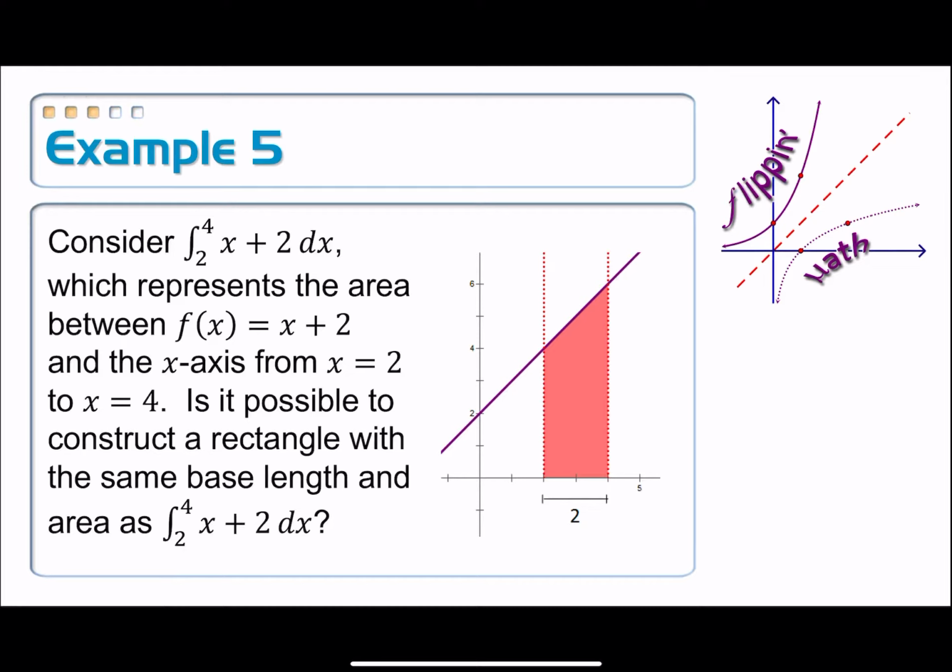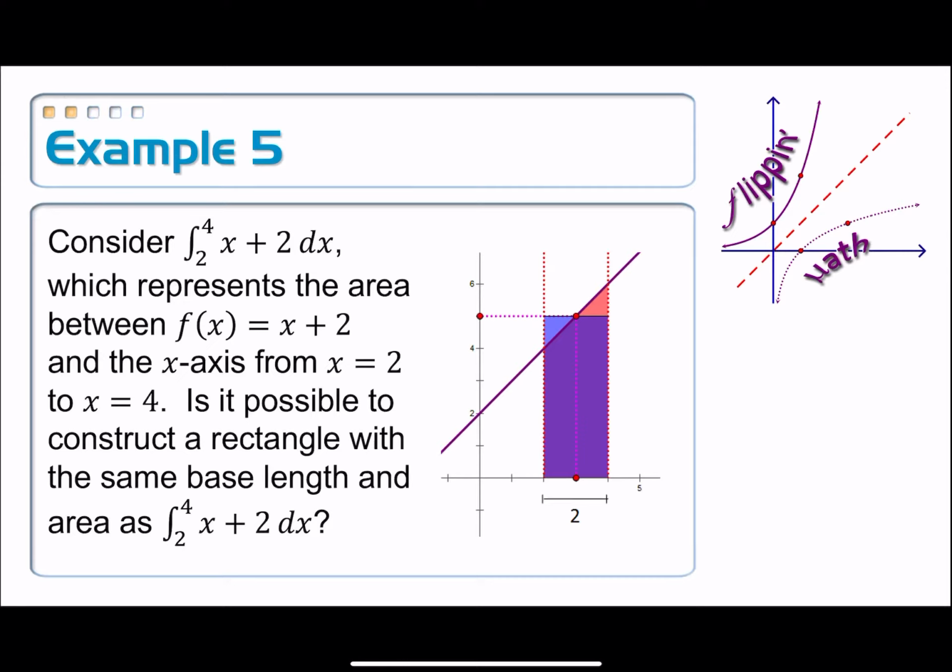Is it possible to make a rectangle that has an area of 10 and a base length of 2? Well, of course we can. It would just be 5 times 2, right? 5 would be the height of that rectangle. Not only is 5 the height of that rectangle, but notice that 5 is actually a function value. That 5 is the average value of that function.